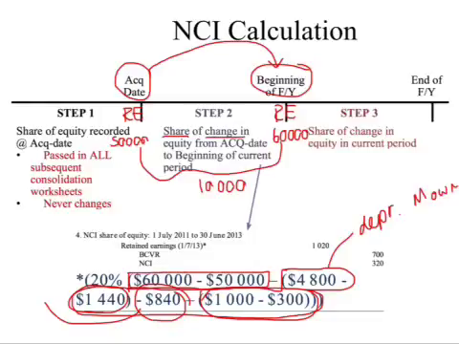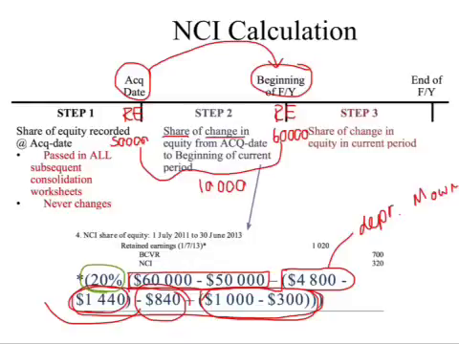Okay, so that is adjusted against the earnings for that period, and then the NCI share of that change in equity is 20%.